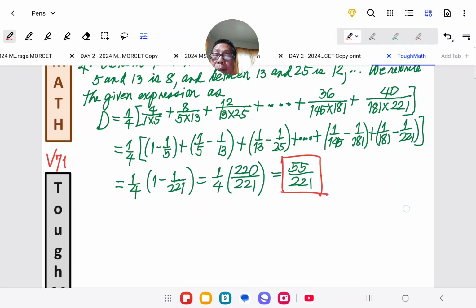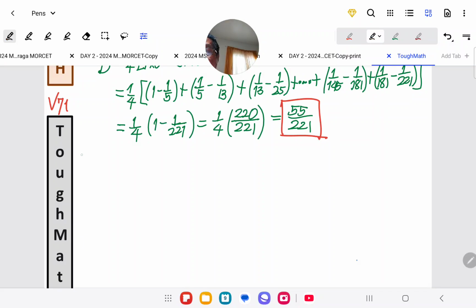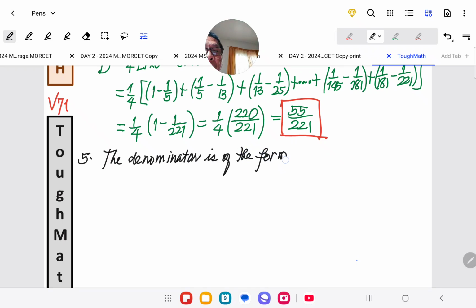And then number 5, the denominator is of the form square root of x plus the square root of x plus 4.